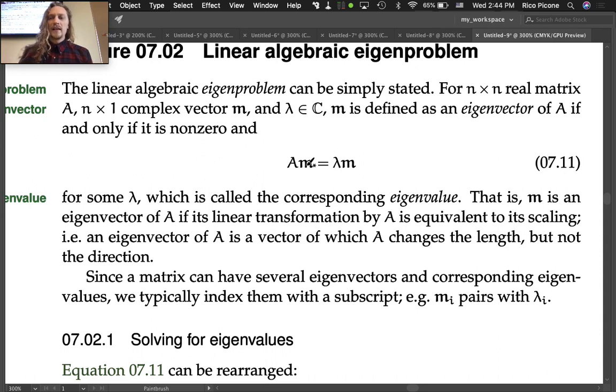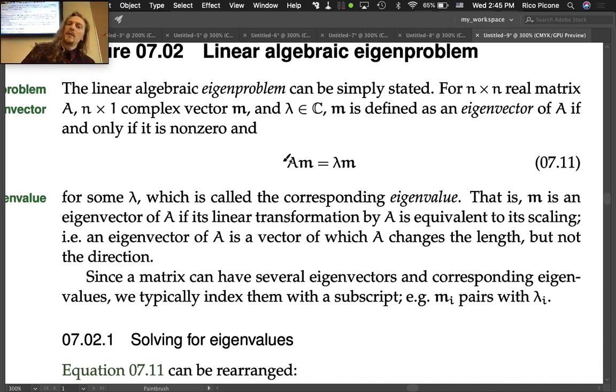It's saying that m is an eigenvector of A if its linear transformation by A is equivalent to its scaling by lambda. In other words, an eigenvector of A is a vector of which A changes the length but not the direction.